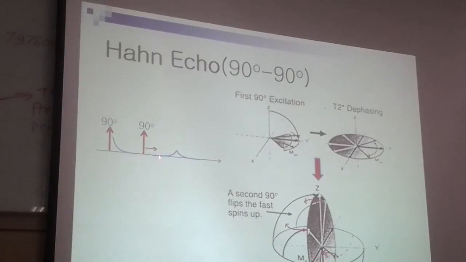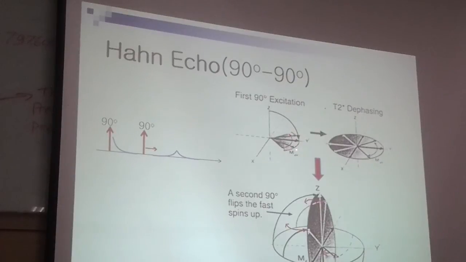So how does this echo come about? First, when the 90-degree RF pulse is applied, transverse magnetization is generated.